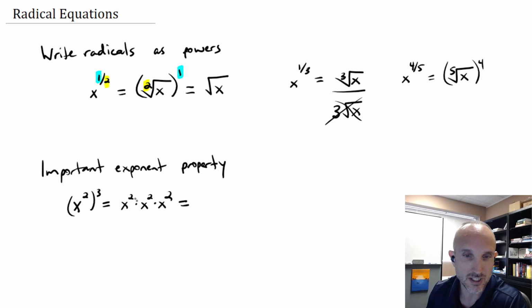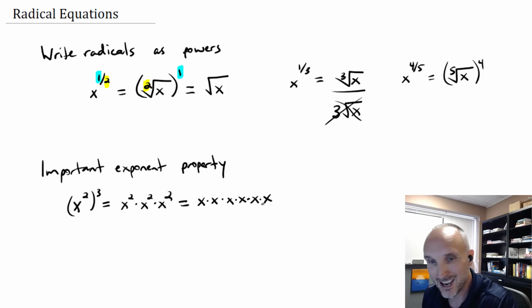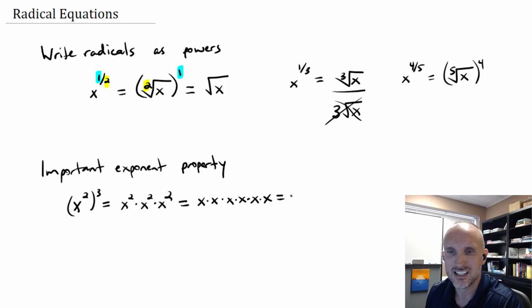And if you still can't see what this simplifies to, well, x squared is the same thing as x times x. So if x times x times itself 3 times, when it's all expanded out, you can say, oh, well, that's just x multiplied by itself 6 times, which more simply we can write as x to the 6th power.